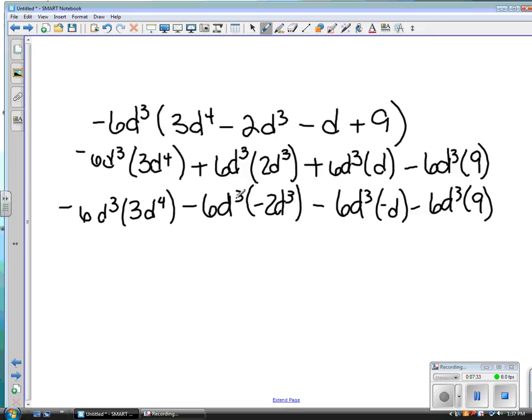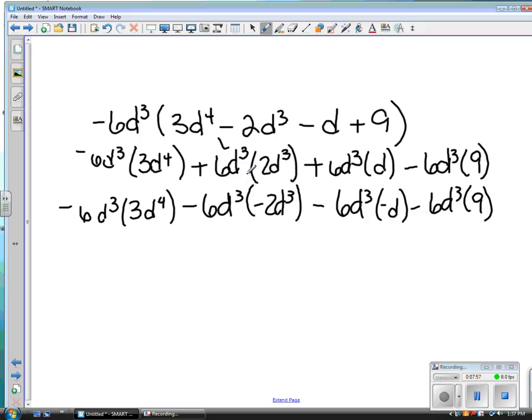Plus a positive. So I'm good with this right here. Now, I am not unhappy with this though, because my negative 6d cubed could make that look like a minus, correct? And because of this minus 2d cubed up here, that could look like negative 2d cubed, right? What is a negative 6 times a negative 2?